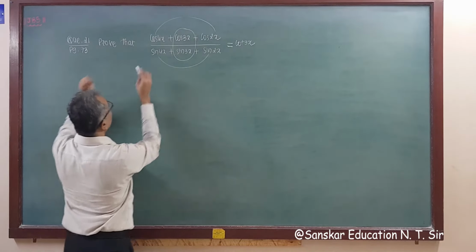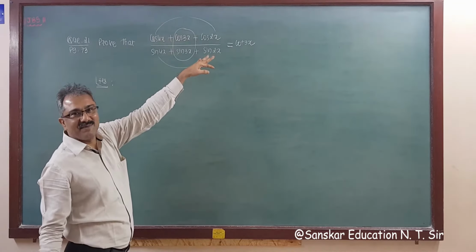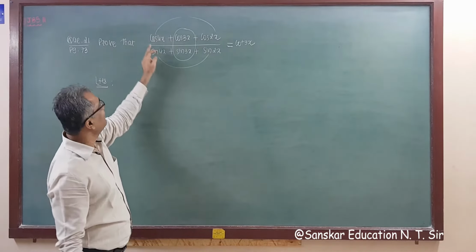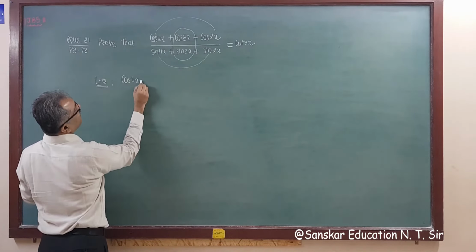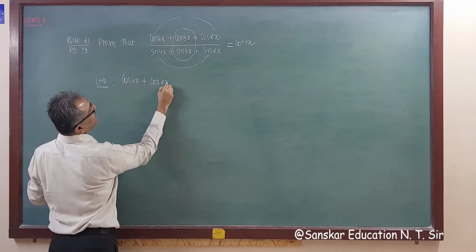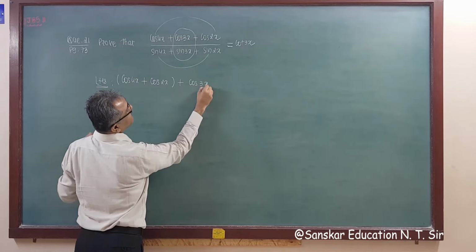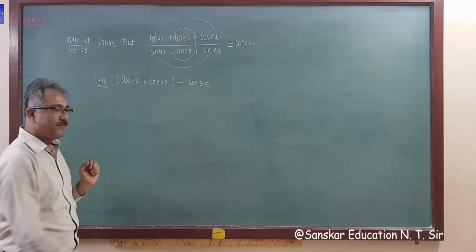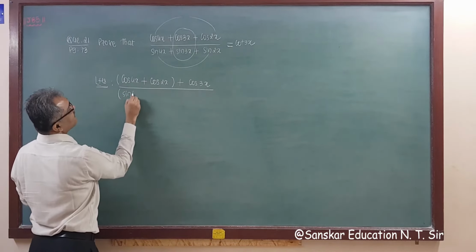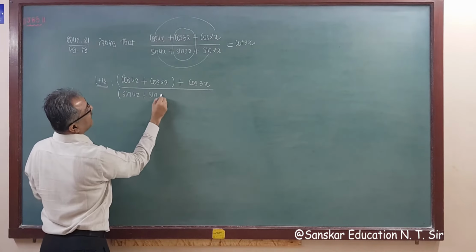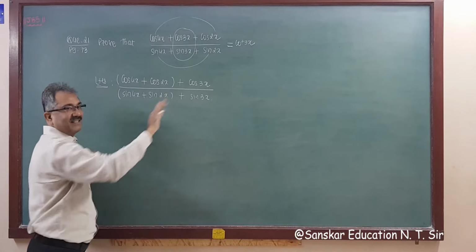So writing the left hand side, we can rearrange: cos 4x plus cos 2x is our pair, and cos 3x is kept on one side. Similarly sin 4x plus sin 2x is a pair and sin 3x is on one side.